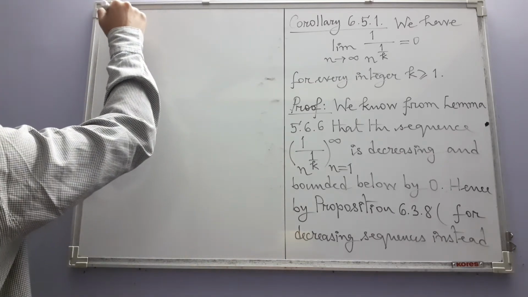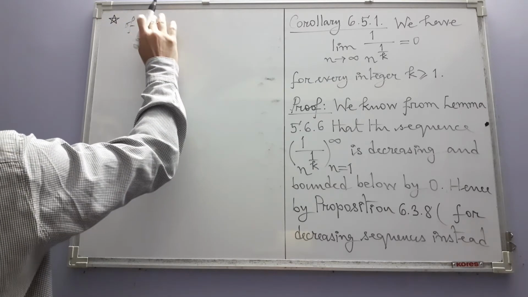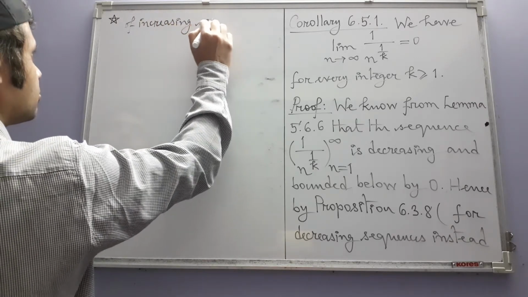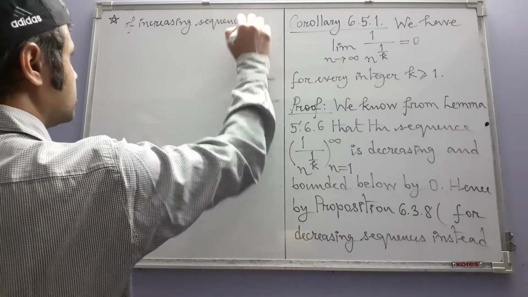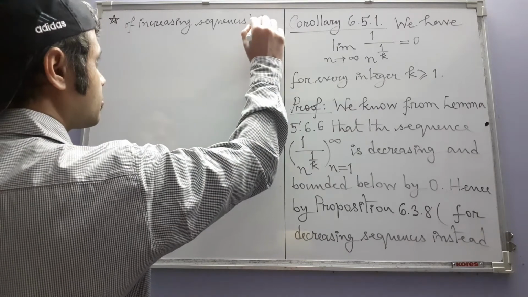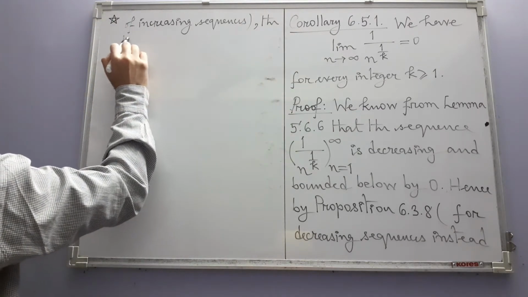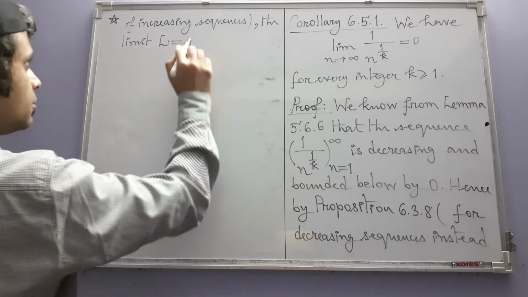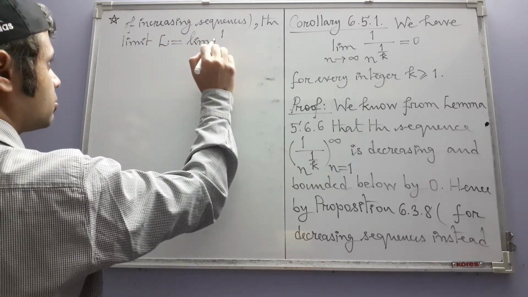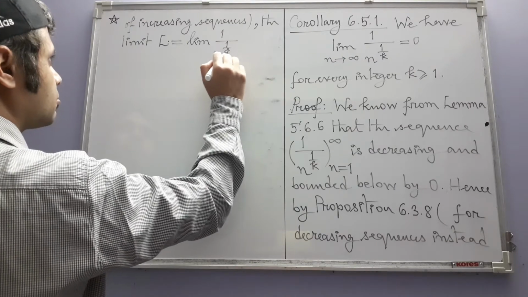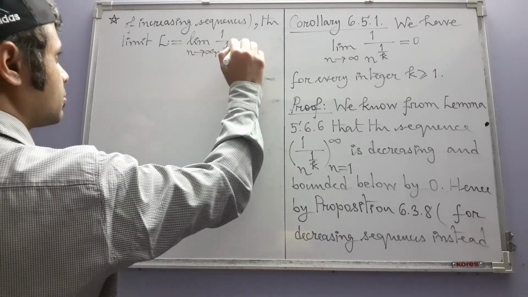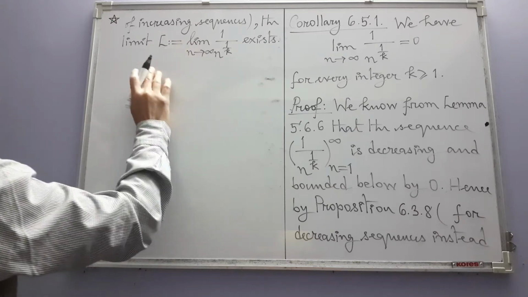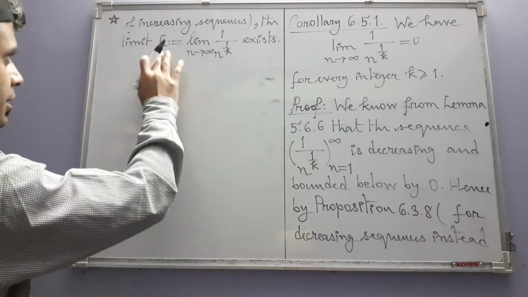So the limit L exists. We are putting a colon here because we are defining L to be this limit. L means this limit.